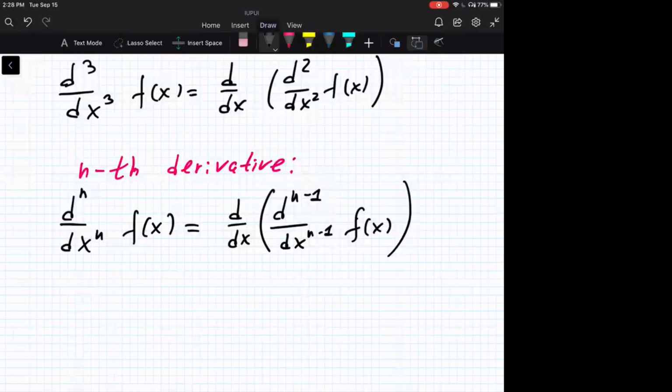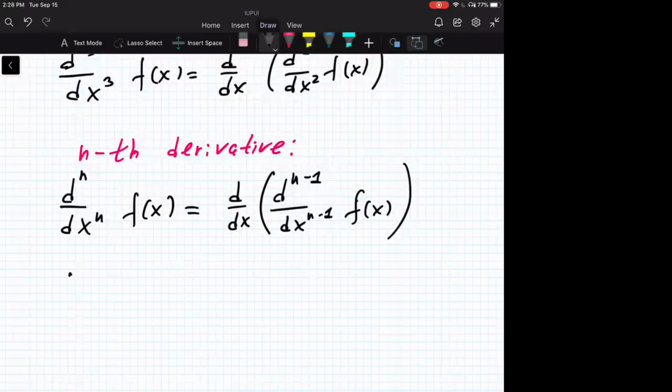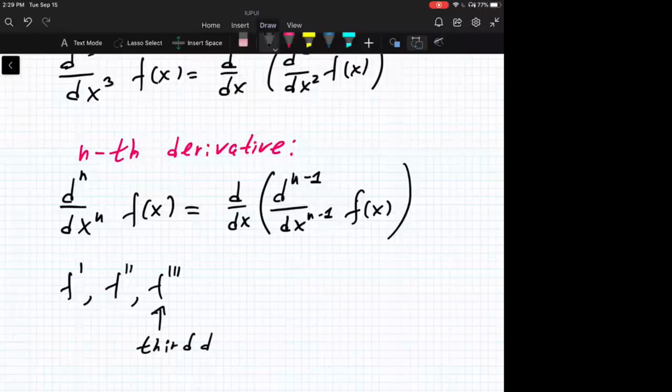The other notation is like that, with f prime, f double prime, f triple prime. So this is the third derivative. Usually you don't put 4 primes. Instead of that, you write f to the power 4, but with parentheses like that, f to the power 5, and so on.